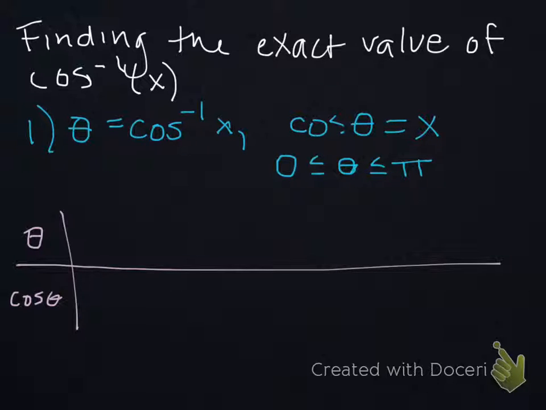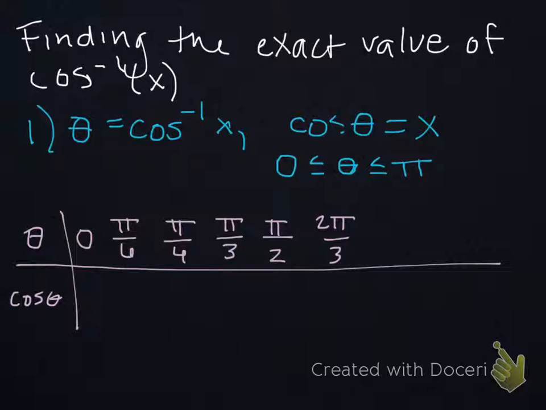This list is going to be different, so I'm going to go from 0 to pi over 6, pi over 4, pi over 3, pi over 2. And if you're thinking about the unit circle, we're now dipping into quadrant 2. So 2 pi over 3, 3 pi over 4, 5 pi over 6, and pi.